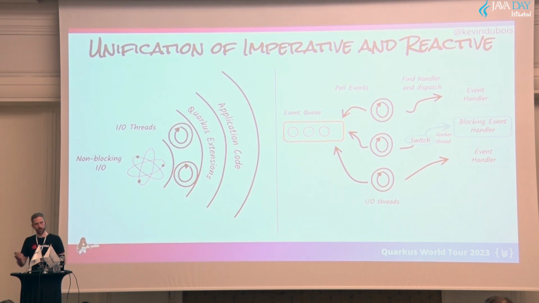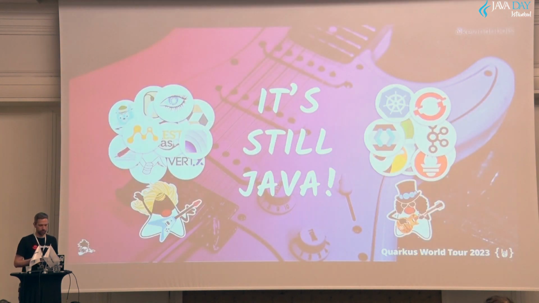So with some of the other stacks, what you have to do is you have to decide upfront, am I going to build a reactive application or a classic imperative application? So with Quarkus, you can kind of say, well, I'm more familiar with a lot of the imperative paradigms, but here's a piece where reactive makes a lot of sense, so we can use it.